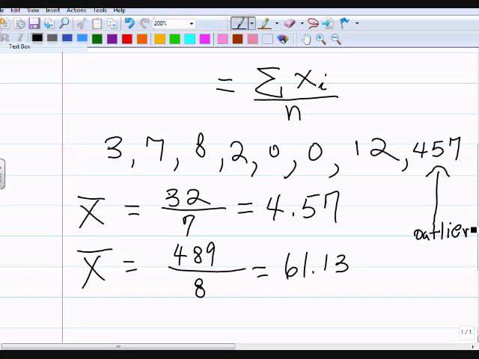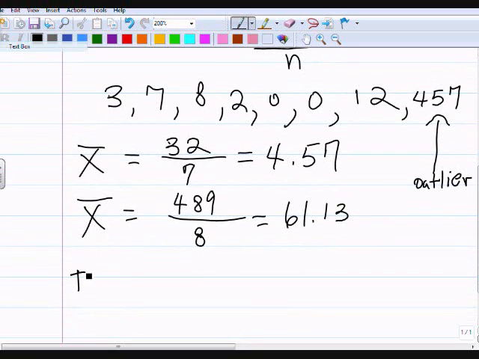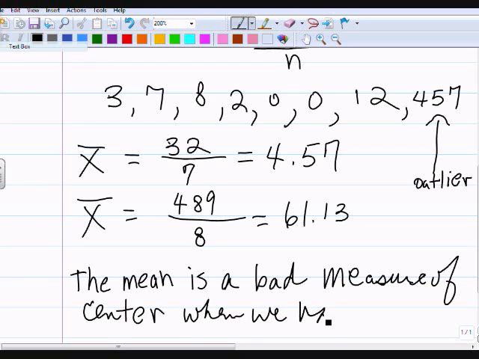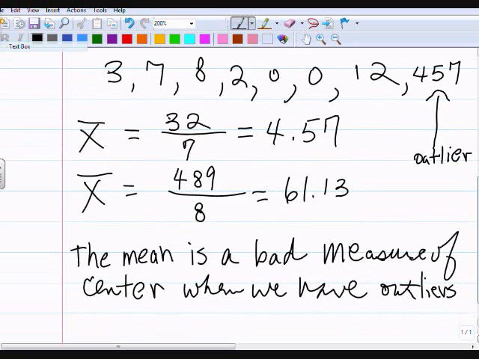Okay? When we have outliers, means are not a very good measure of center. I'm going to say it's a bad measure of center when we have outliers. Okay?